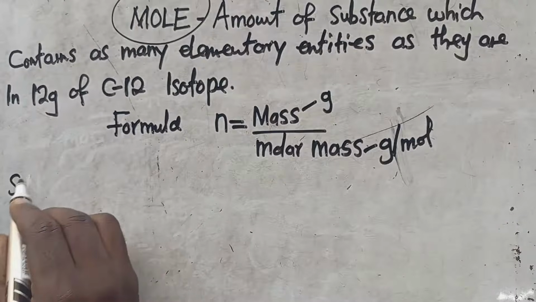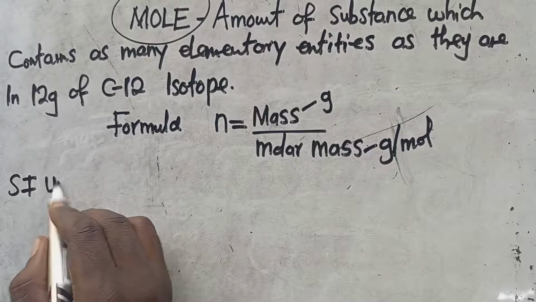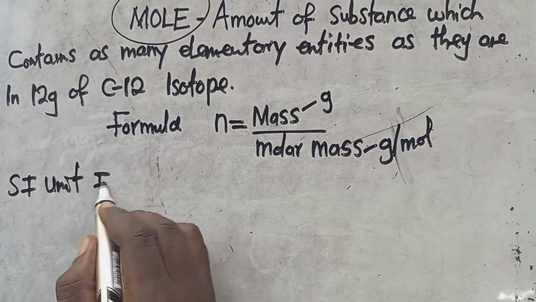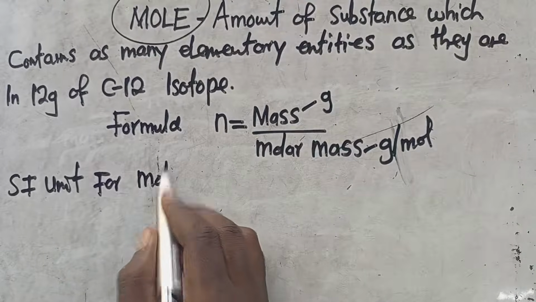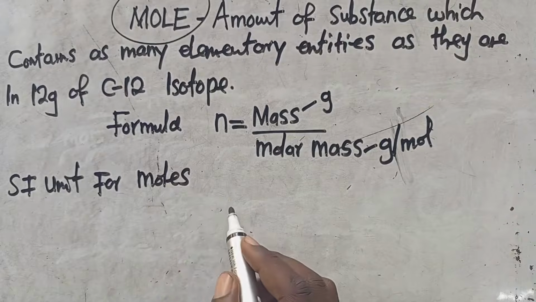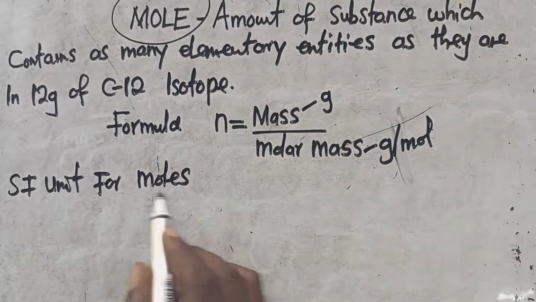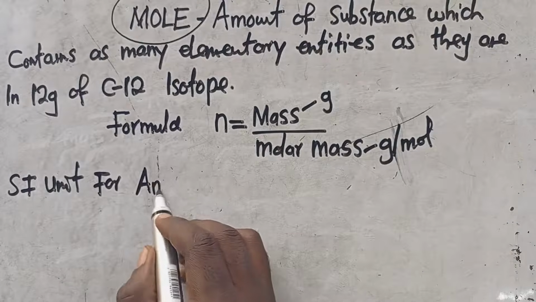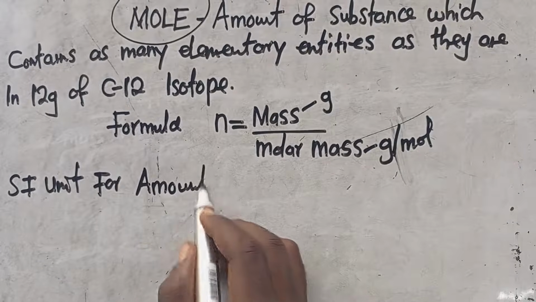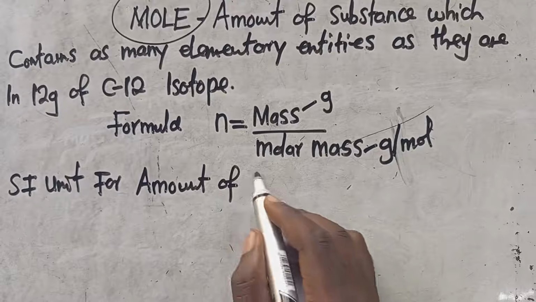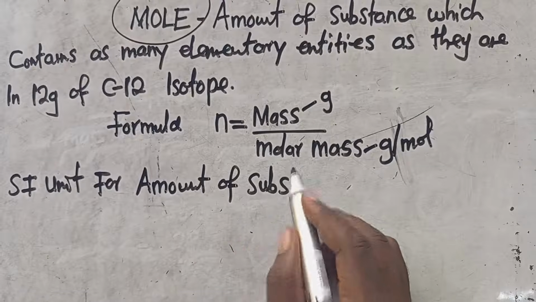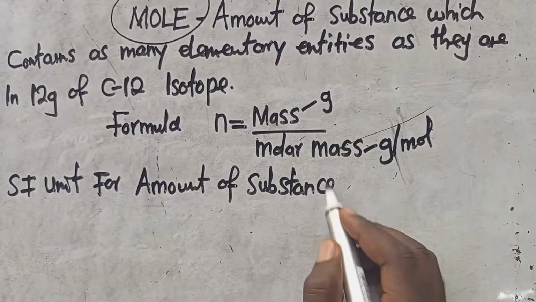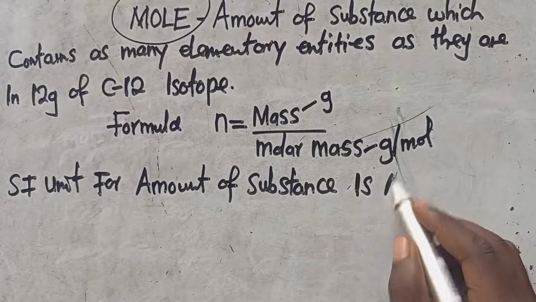The SI unit for moles, that is the SI unit for amount of substance. We call it amount of substance. The SI unit for amount of substance is a mole.